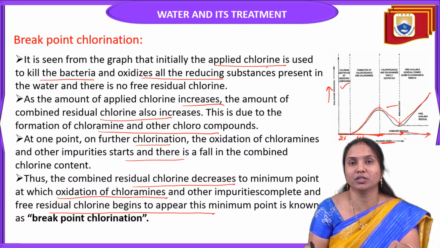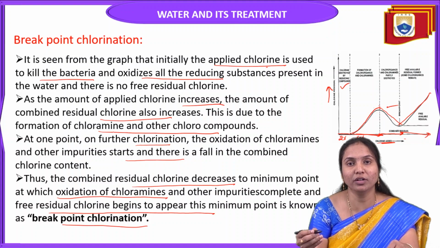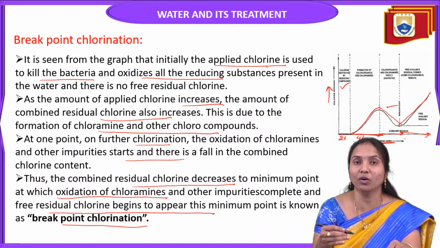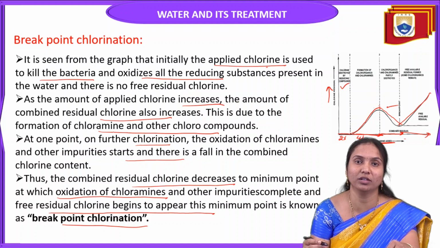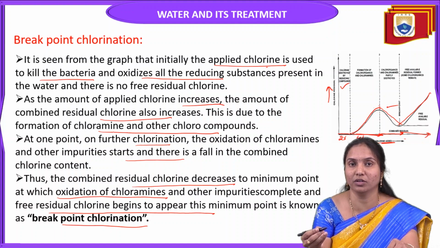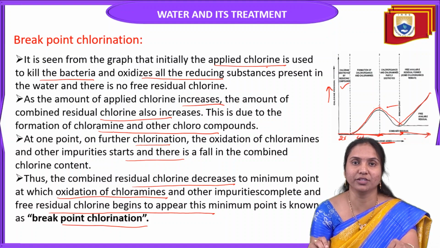This minimum point is known as breakpoint chlorination. At this point chlorine completely removes all the impurities present in water and gives good taste and odor to water. That point is considered as breakpoint chlorination.